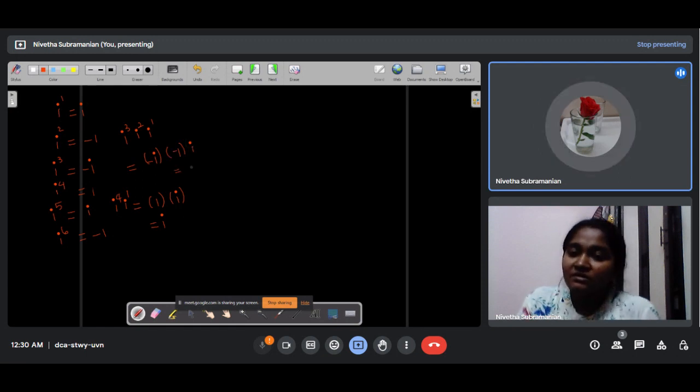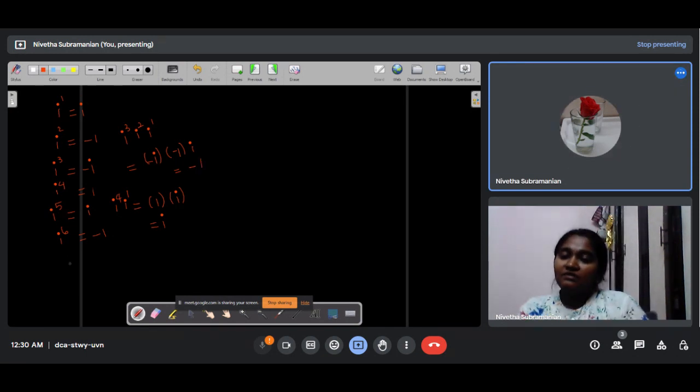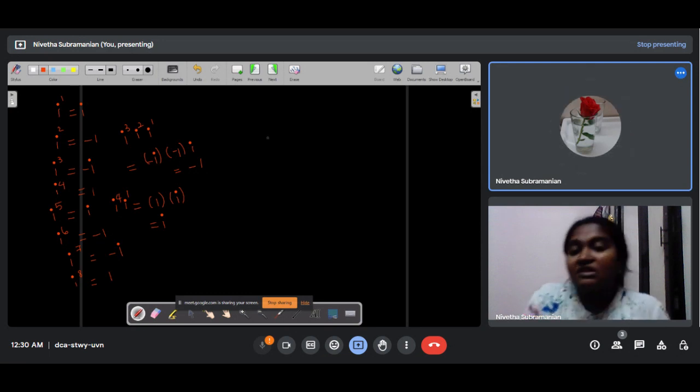So minus into minus plus, i square is nothing but minus 1. So i power 6 is minus 1. So i power 7, I will get the value as minus i. i power 8, I will get the value as 1.